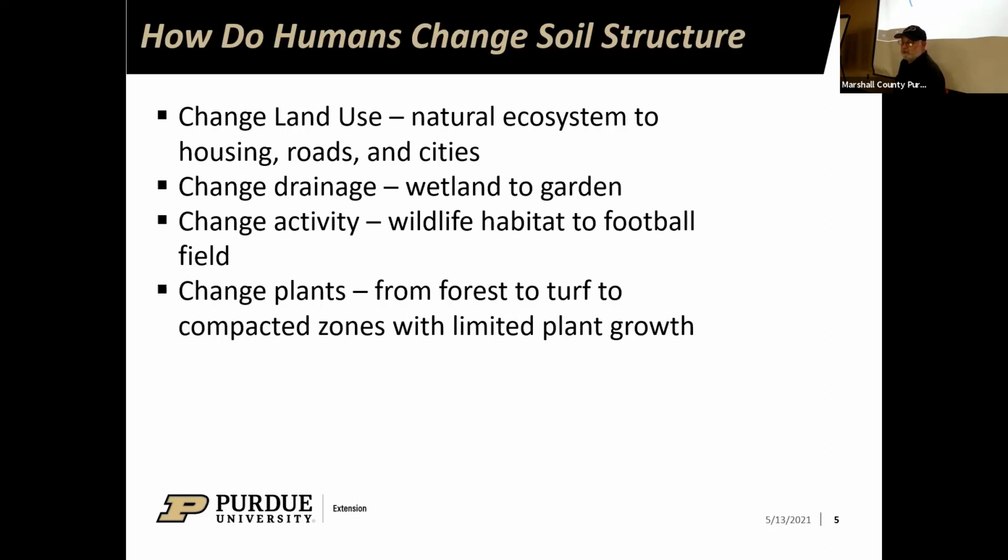We changed with drainage, wetlands to gardens, which will make the organic matter more easily degraded because of the aeration of the soil compared to when it was a wetland. We change activities from a wildlife habitat to a football field. Football field has major issues because of the activity on it in a concentrated area. Forest to turf to compacted zones with limited plant growth. We have that impact as well.